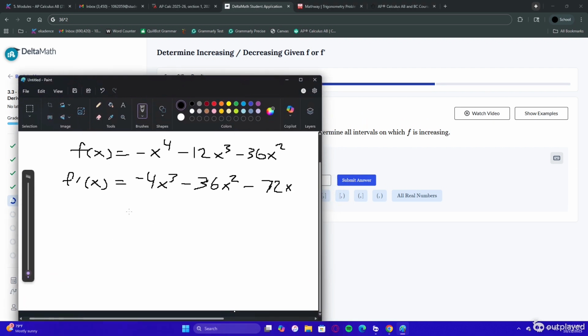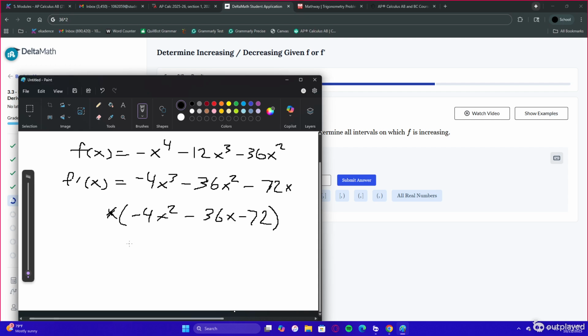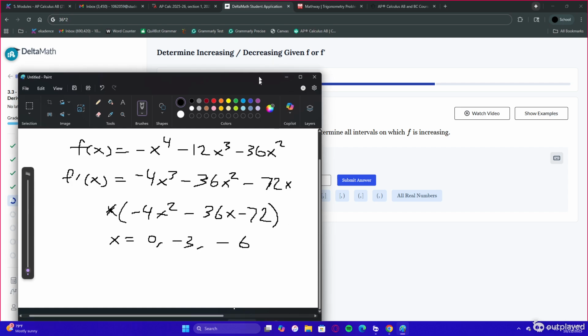Solving that for 0, you can take out an x from everything, and then you're left with negative 4x squared minus 36x minus 72. So now if you solve for x, you get x equals 0 and negative 3 and negative 6.